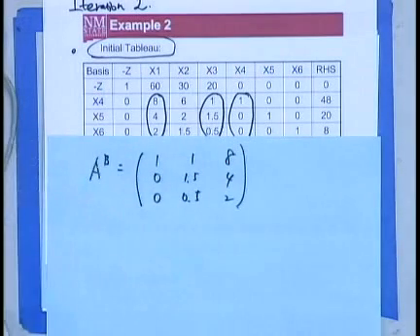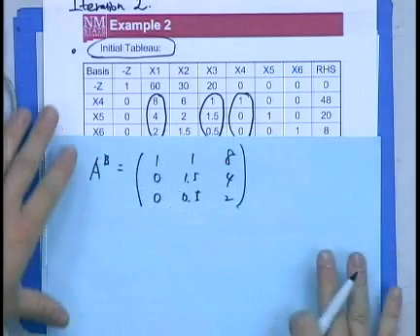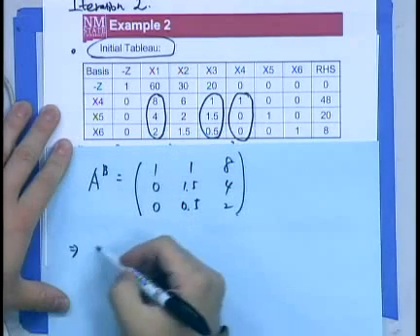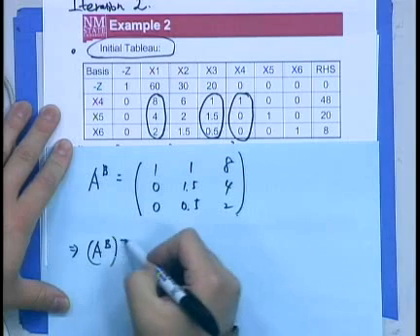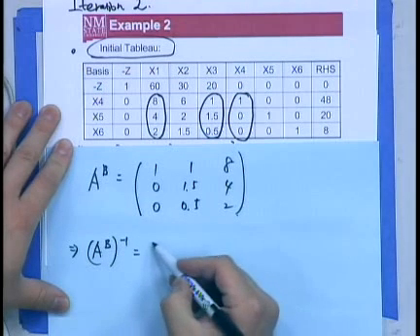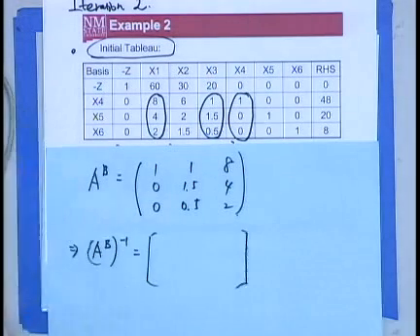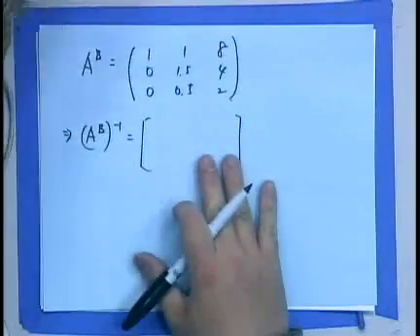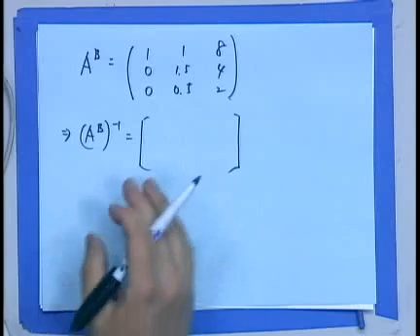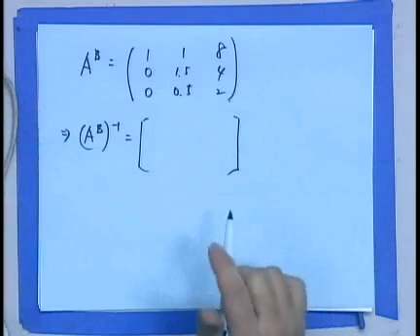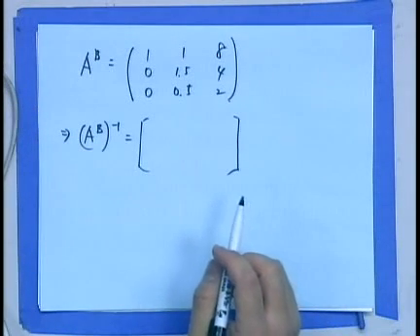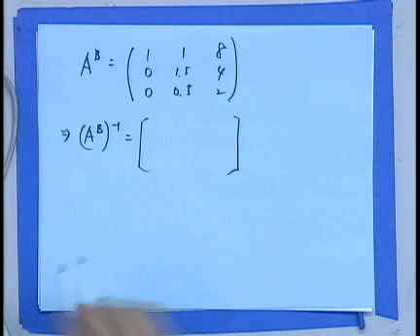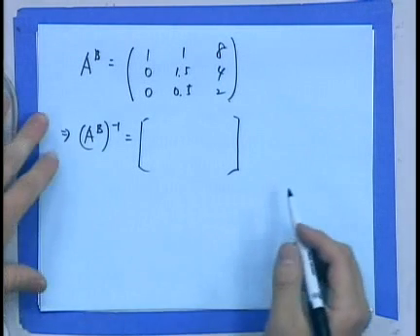Okay, and now we need to update the basis inverse matrix, right? Which means we need to get the new basis inverse matrix, which should be another 3 by 3 matrix, right? And we've learned the new basis inverse matrix can be obtained by updating the old inverse matrix with the pivot column, right?